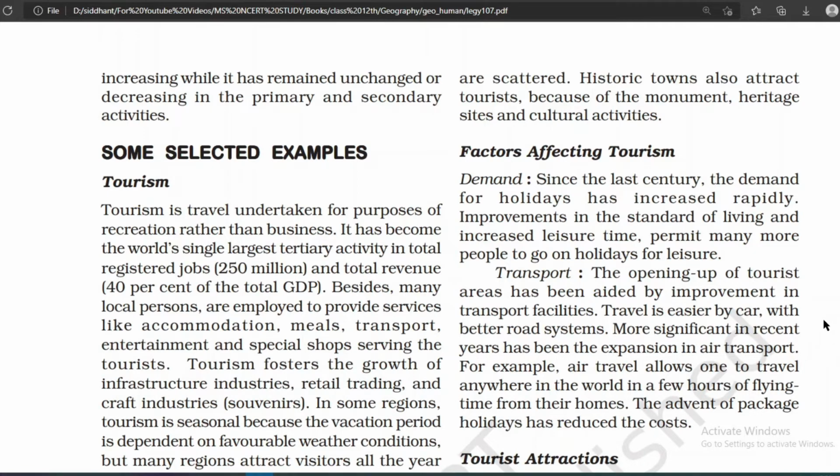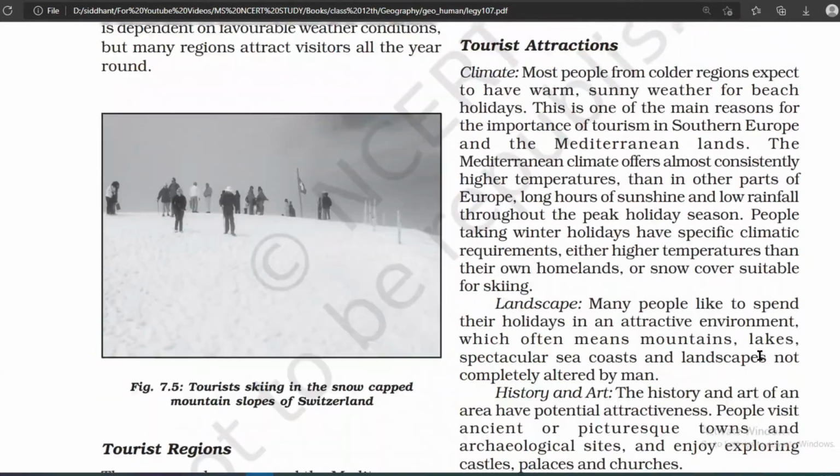Travel is easier by car with better road systems. More significant in recent years has been the expansion in air transport. For example, air travel allows one to travel anywhere in the world in a few hours of flying time from their home. The advent of package holidays has reduced the cost.